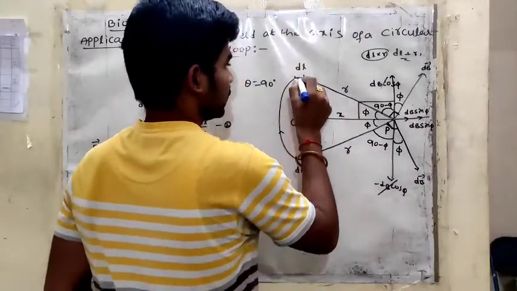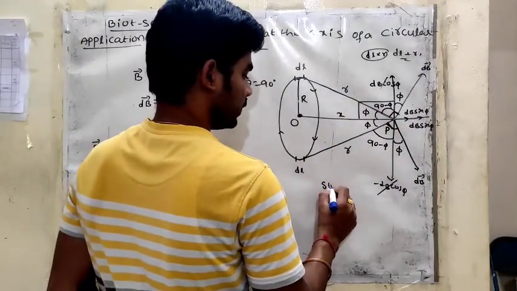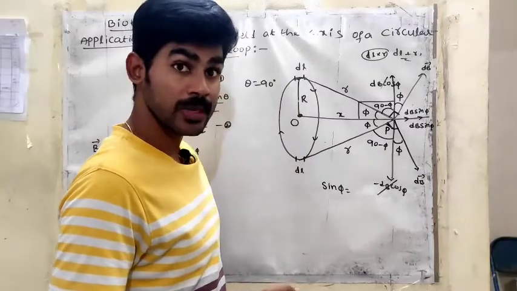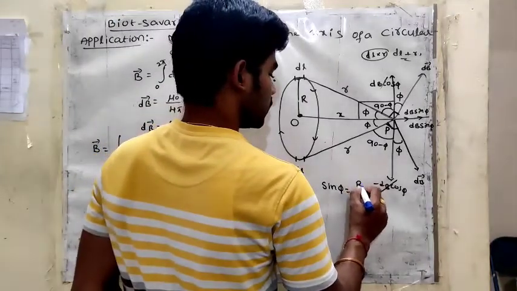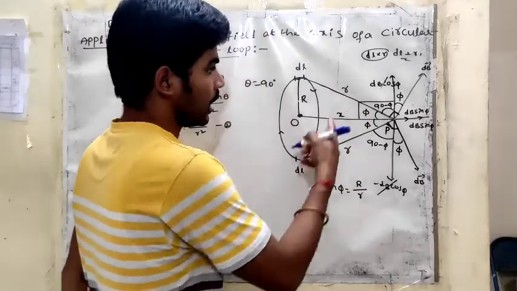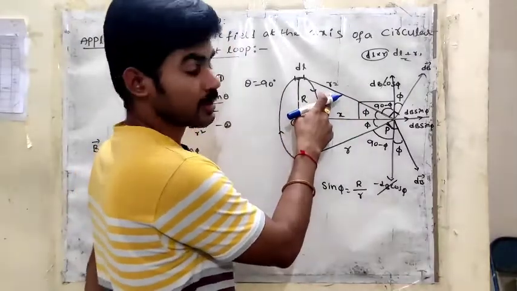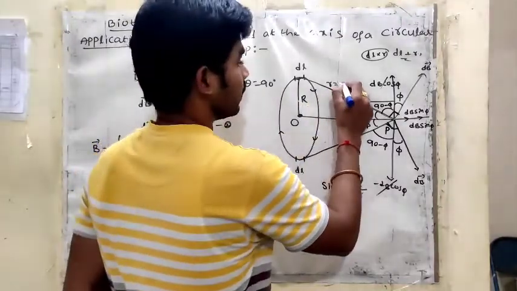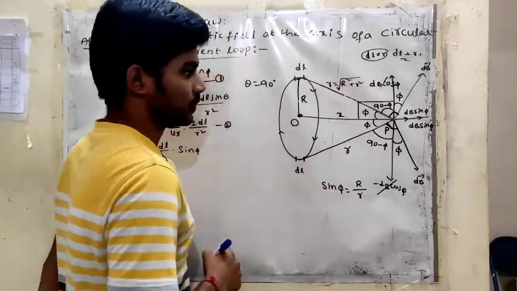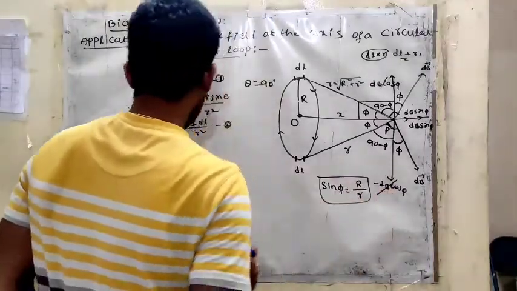This is the center, this is some point, and this is point P. In the triangle, sin phi is equal to opposite side by hypotenuse. The hypotenuse r is the square root of r square plus x square, so sin phi is equal to r by r.